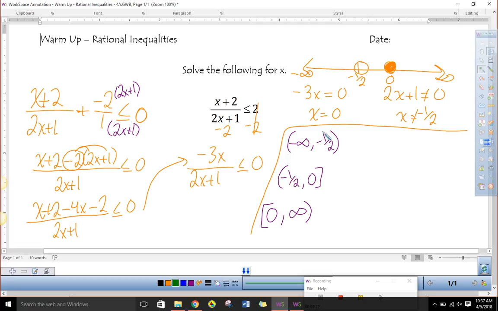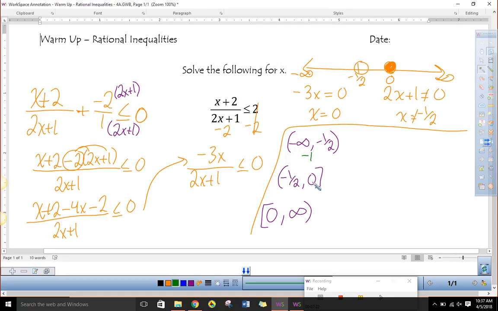If I want to know if a value inside of this interval works, what do I need to do? Check it. How do I check it? Put -1 for x. -1 would totally work. Is -1 inside of this interval? Yeah, right? So I can take -1 and throw it into here and see what I get. Does that make sense?